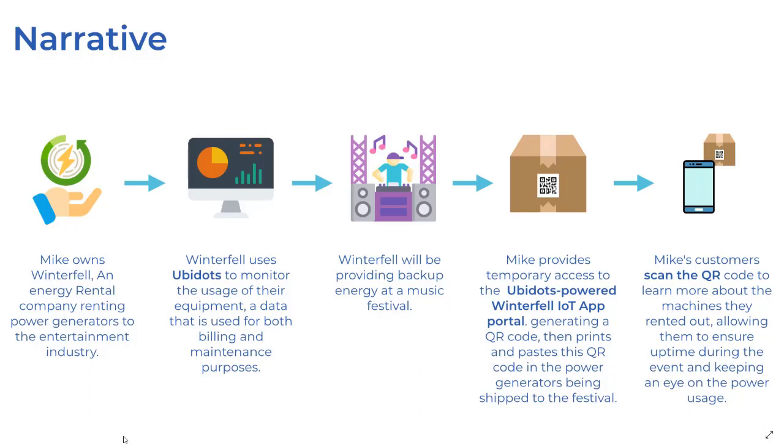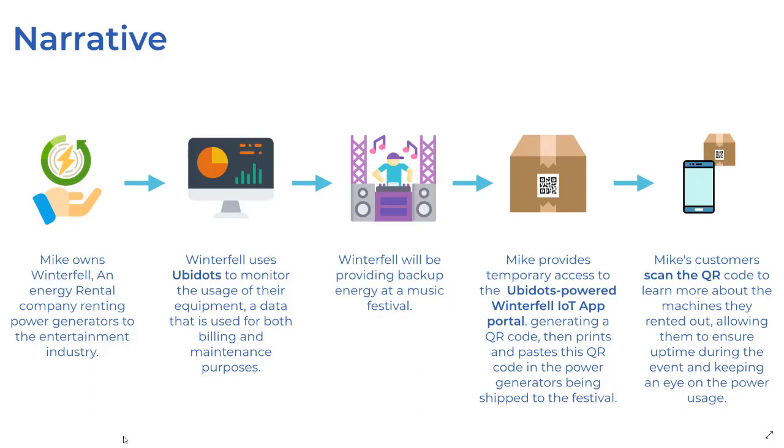The QR code is just a backdoor access to his application, where the people using the rental equipment can see the data being transmitted to Ubidots. This data could be energy consumption, gas consumption, temperature, or any other data related to the IoT application, any data that his devices are transmitting to Ubidots.